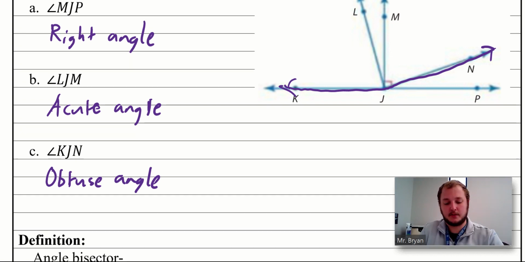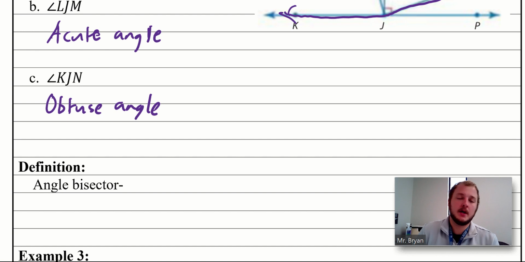All right, last thing here, we'll try to finish up. Very important definition that we're going to write down, an angle bisector. An angle bisector. And if we're thinking about what we talked about last time with segment bisectors, you can kind of guess what this is going to mean.